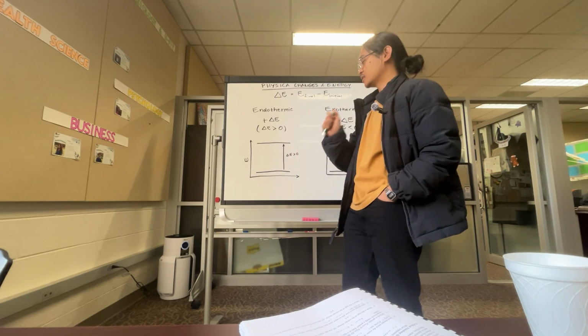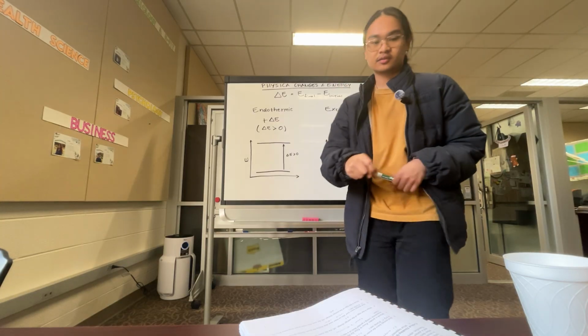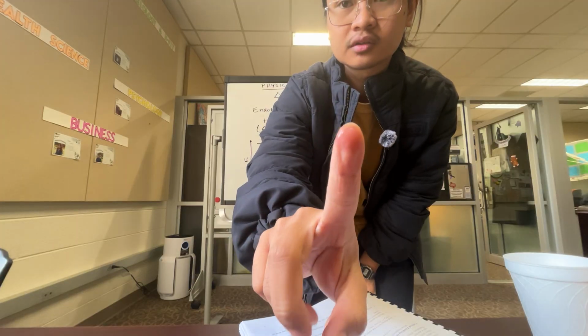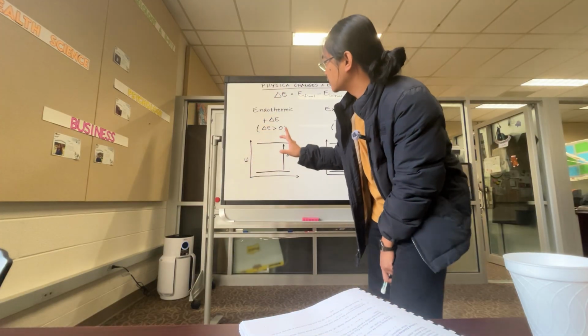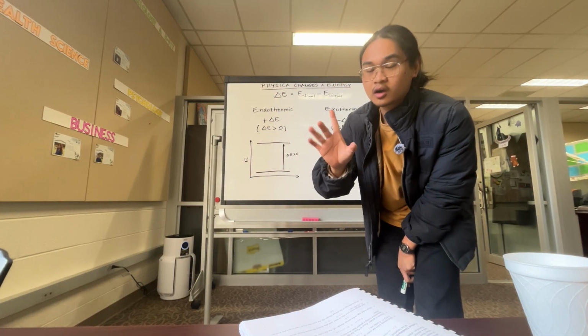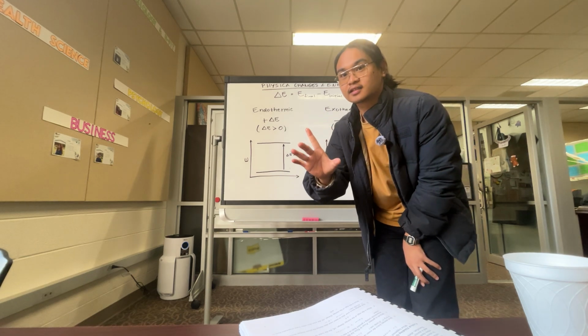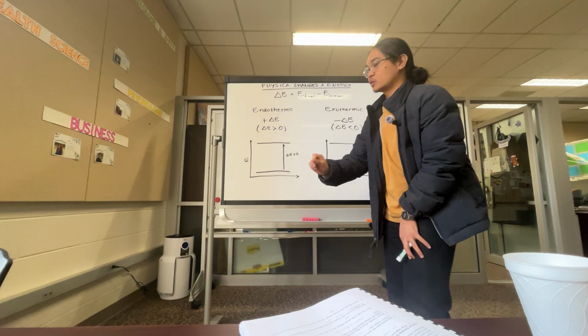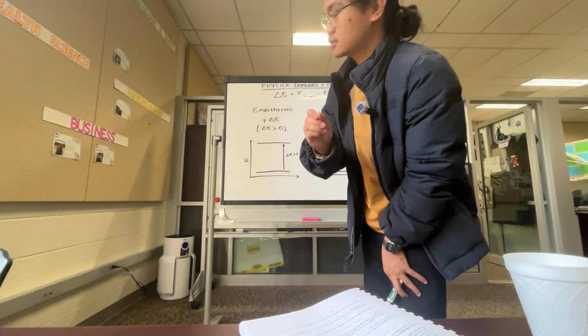What did we start as? We started as liquid water on your finger. We said that liquid water evaporating is an endothermic process, so liquid water was our starting state.